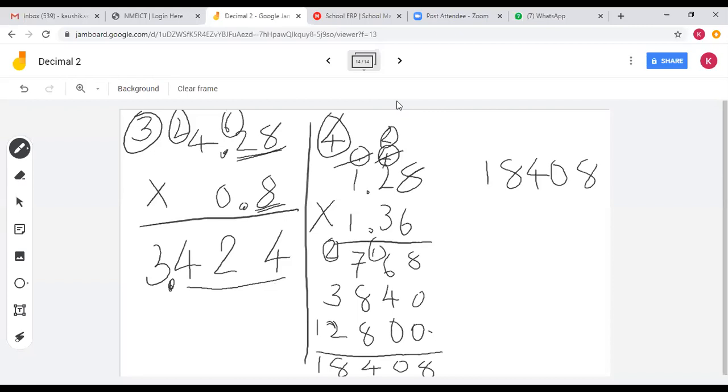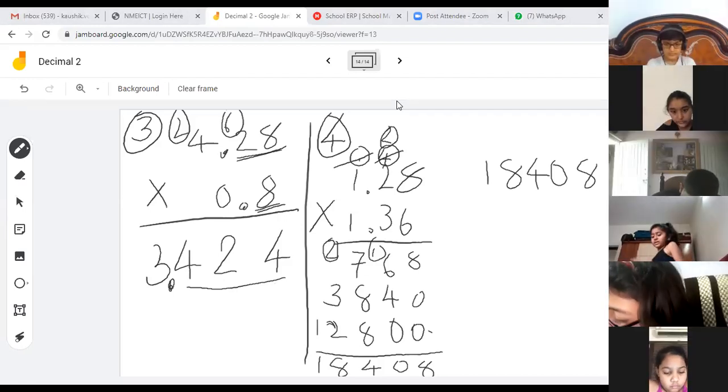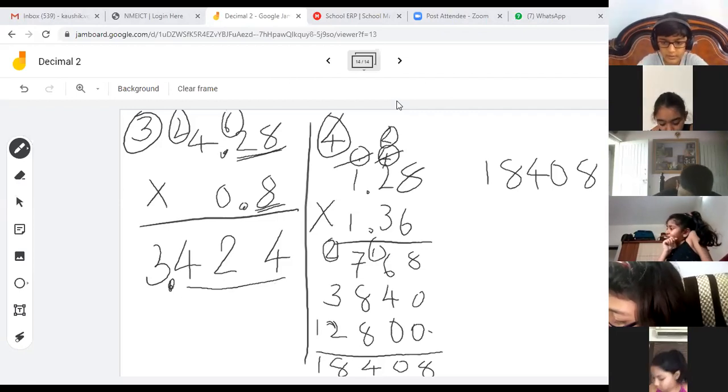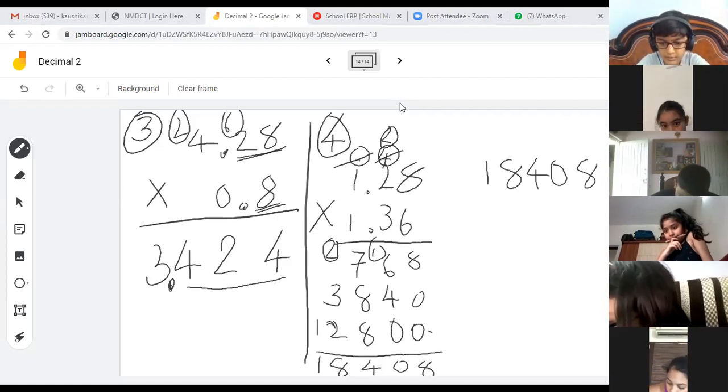18,408. Now count the digits after decimal points in total and tell me. Come on. Bhavya, count the number of digits after decimal points in total. Yes, come on.